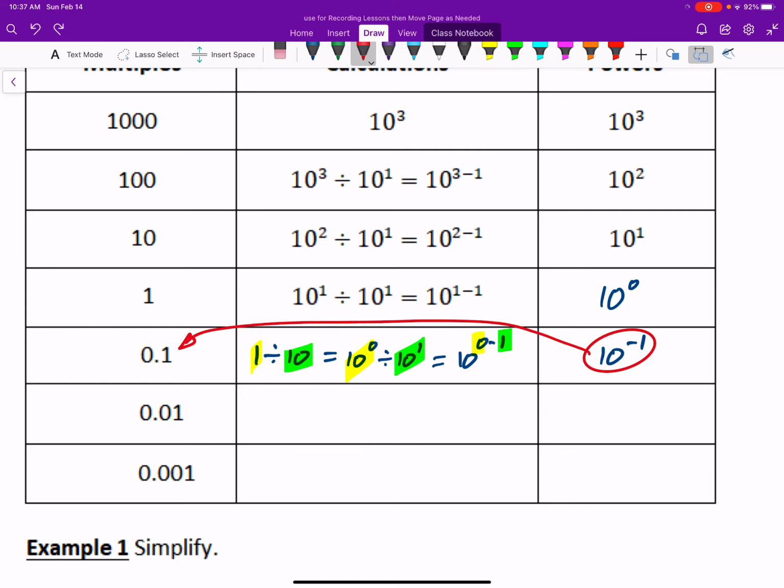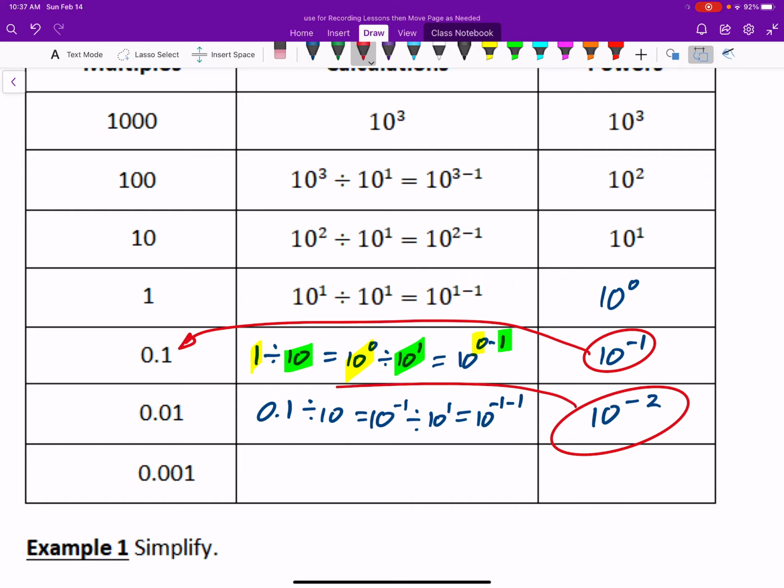And if I was to take 0.1 and divide that by 10, that would be the same as 10 to the negative 1 divided by 10 to the 1, which would be the same as 10 to the negative 1 minus 1 when I use my division rule, and I'd get 10 to the negative 2. So it would turn out that 10 to the negative 2 is equal to 0.01.